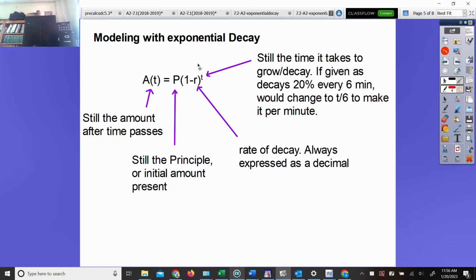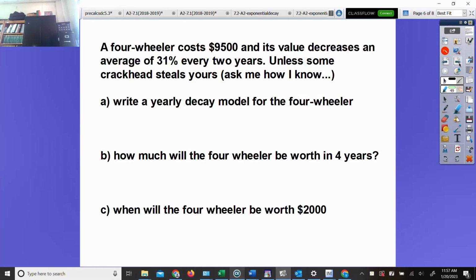And the big thing in here is just like it was yesterday: always be on the lookout for every. Because if you see it, you have to change it from t into t over something. Other than that, it's the same lesson as yesterday. We just have a subtraction symbol. So if yesterday made sense, today will make sense. If you were still a little fuzzy, today will help.